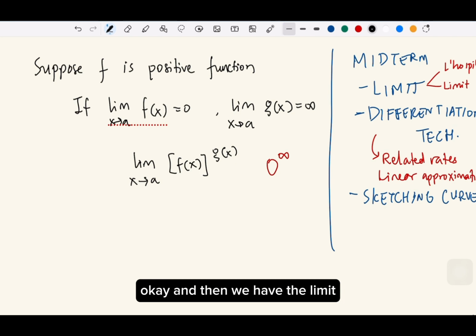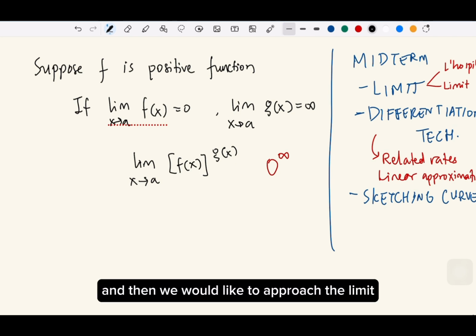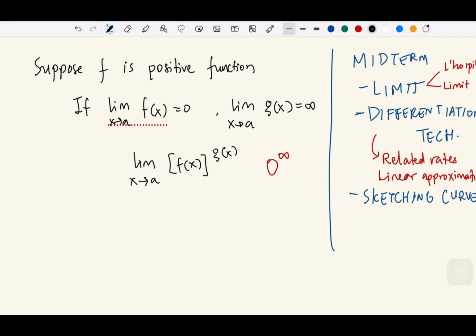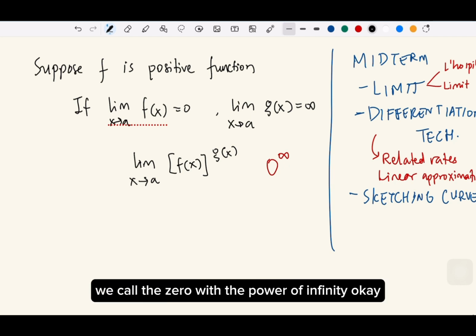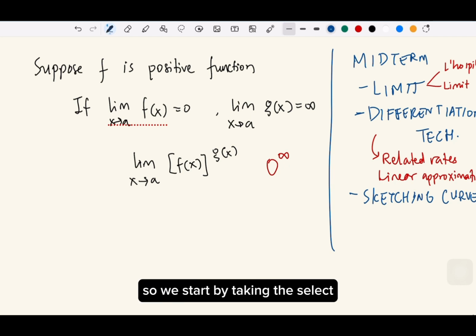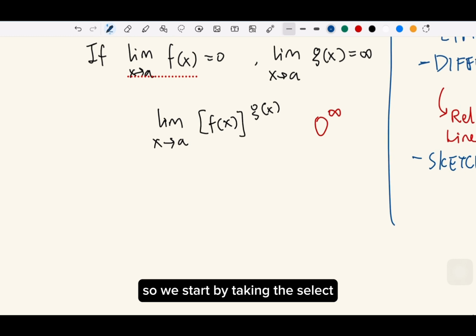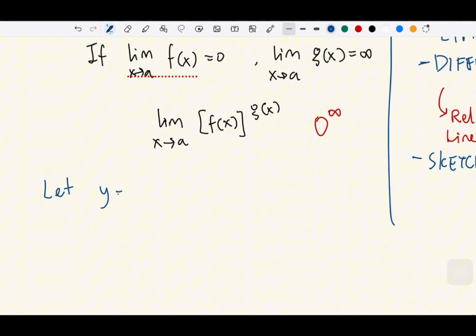And then we have the limit for the g is going to be infinite. And then we would like to approach the limit of f with the power of g. So this, we call the 0 with the power of infinity. So let's write in terms of y.